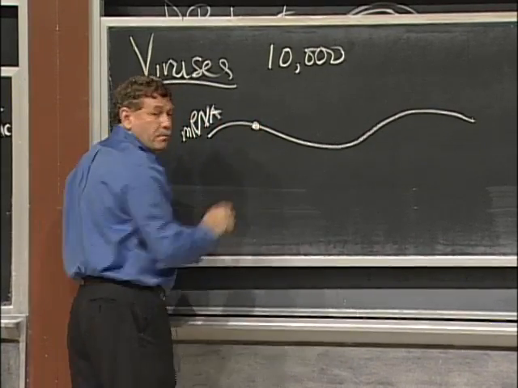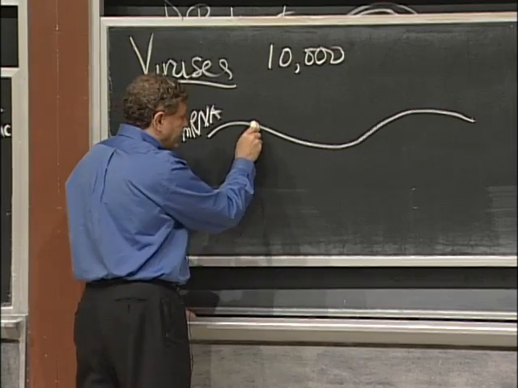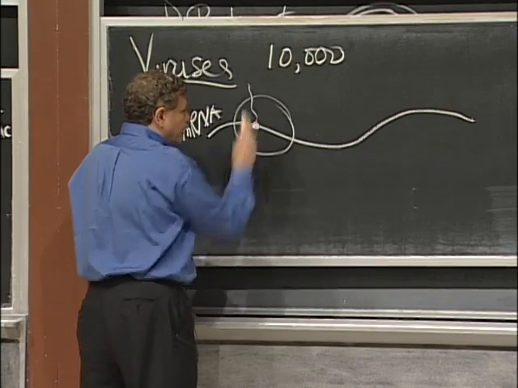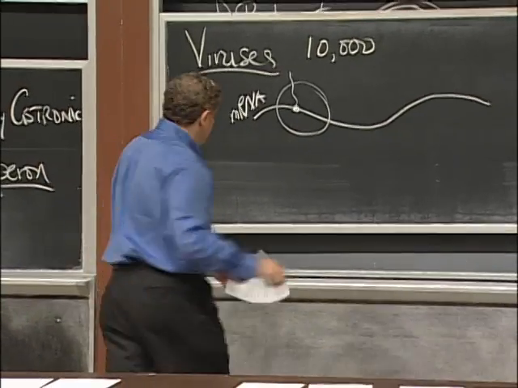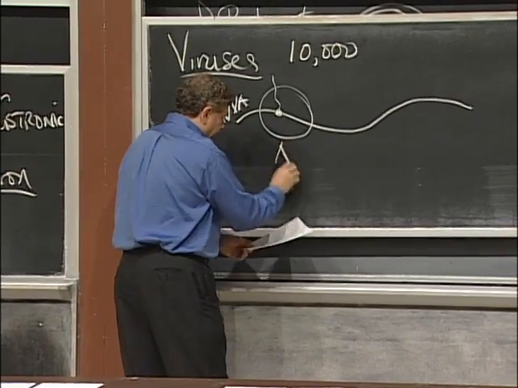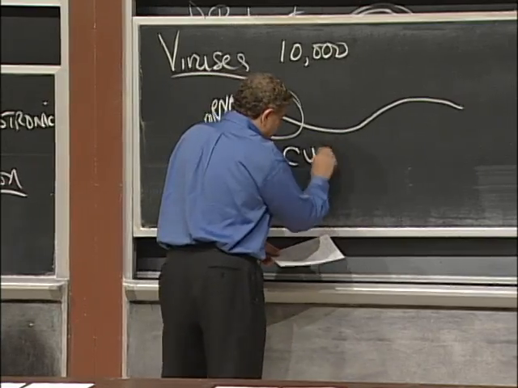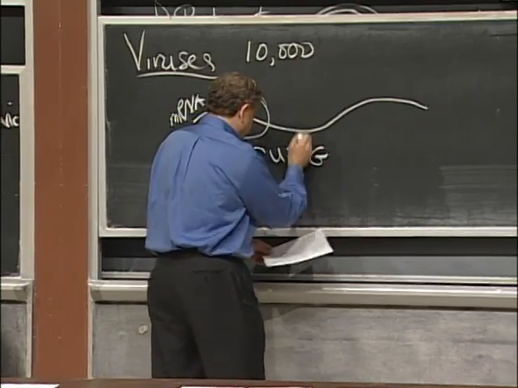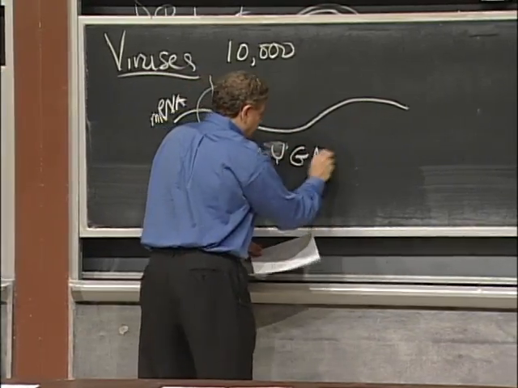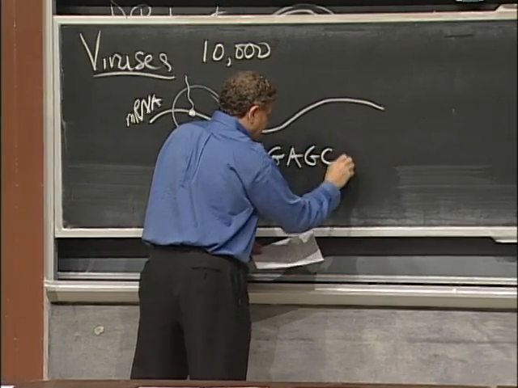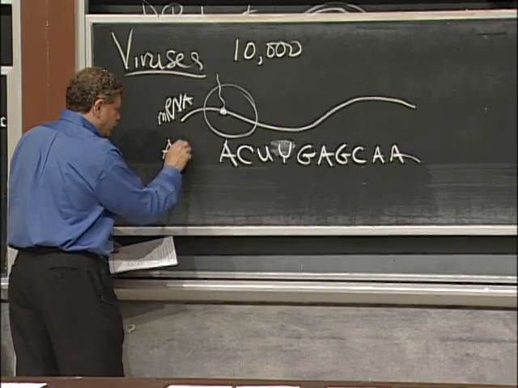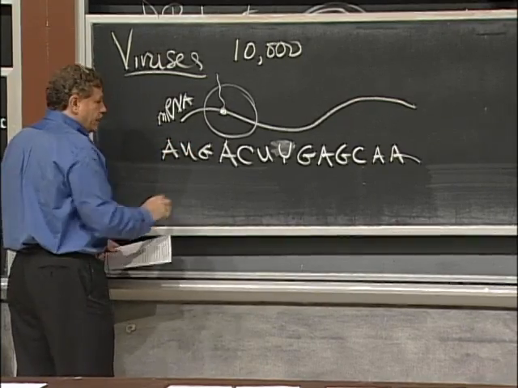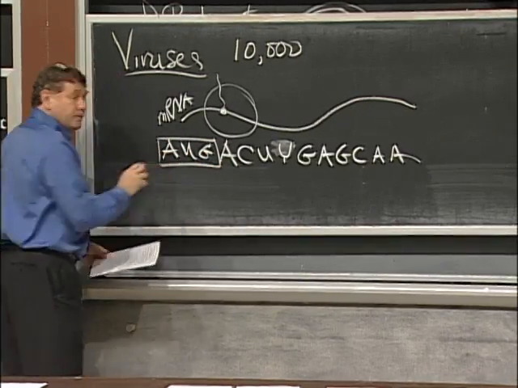They have a ribosome binding site right here, and they start translating the message. Let's give it a sequence. A, C, U, U, G, U, G, A, G, C, A, and we'll put an A, U, G in front of that. They could start translating here.